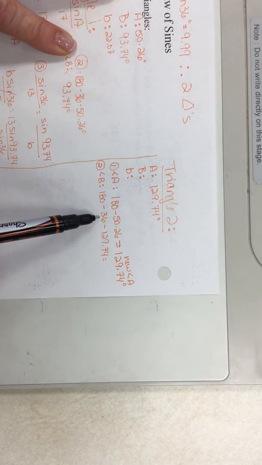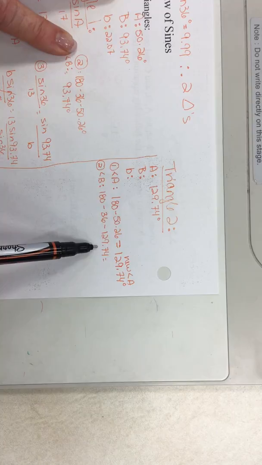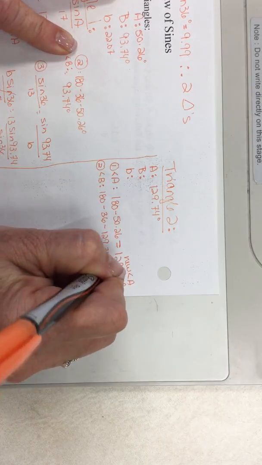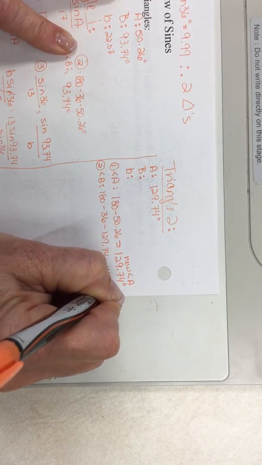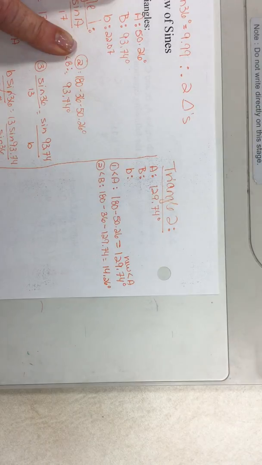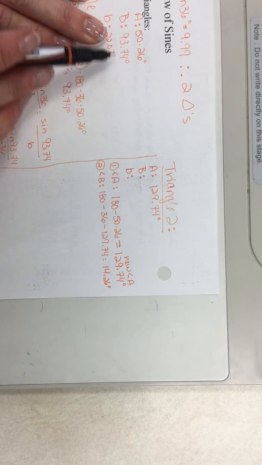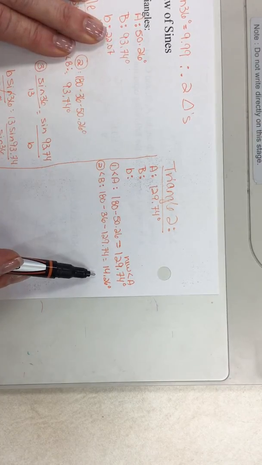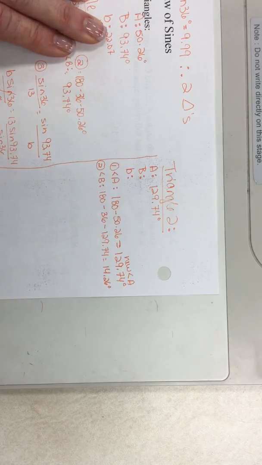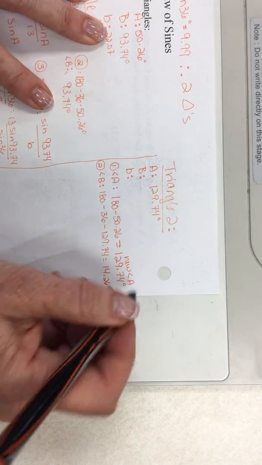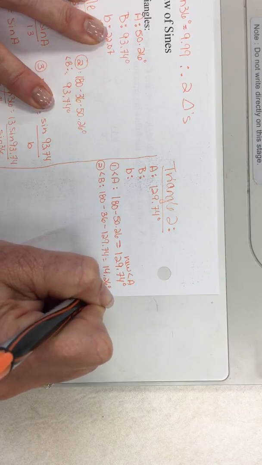So I'm taking 180 minus 36 minus 129.74. And you're getting 14.26. And if you notice, angle B is going from obtuse to acute. So now I've got my new angle A, and now I've got my new angle B.